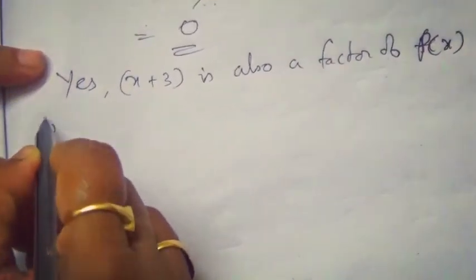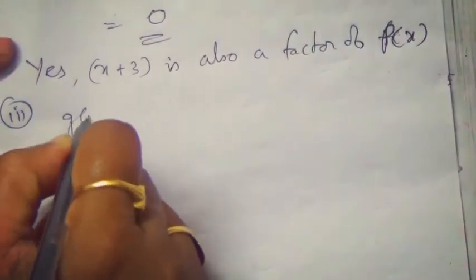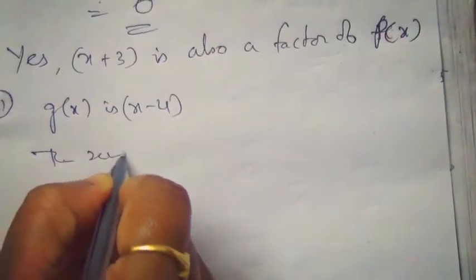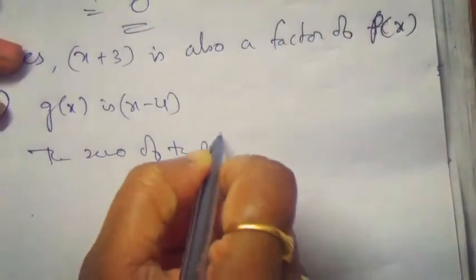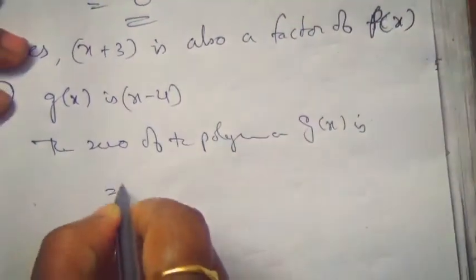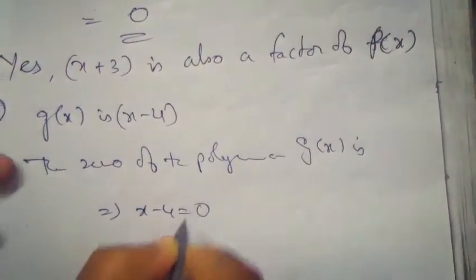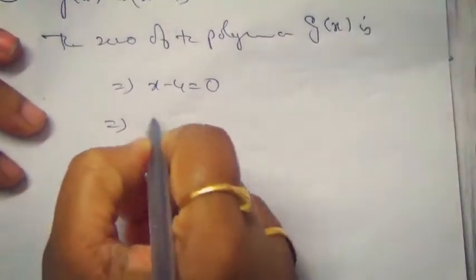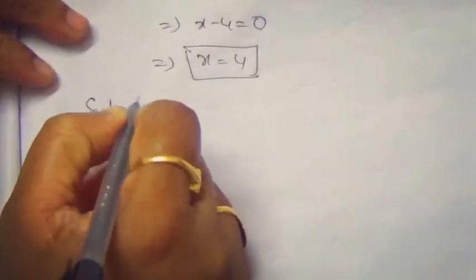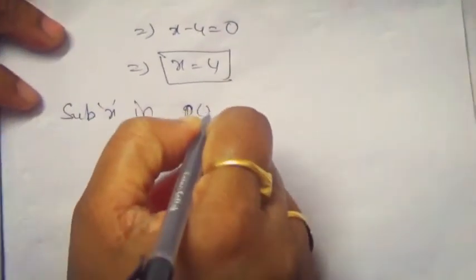So third, in this third, g of x is x minus 4. The zero of the polynomial g of x: x minus 4 is equal to 0, that implies x is equal to 4. So substitute x in p of x.